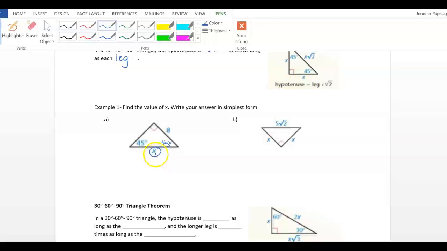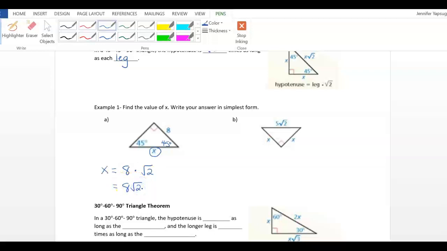So the hypotenuse, which is x, is equal to the leg, which we know is 8, times the square root of 2. We can simplify that by getting rid of the multiplication symbol, so it just becomes 8 root 2.